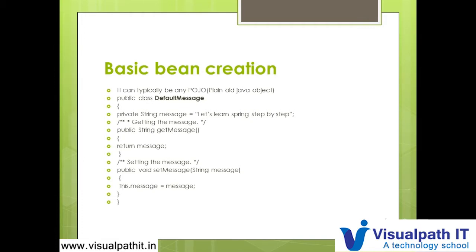What are these setters and getters? setMessage is used to set the value of the string variable, and get is used to return it. These are the two main methods that we use in any project. So the default message that I want to display here is "Let's learn Spring step by step". There is one setter and one getter method here.